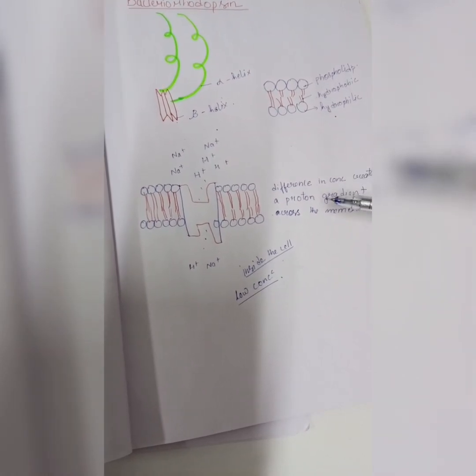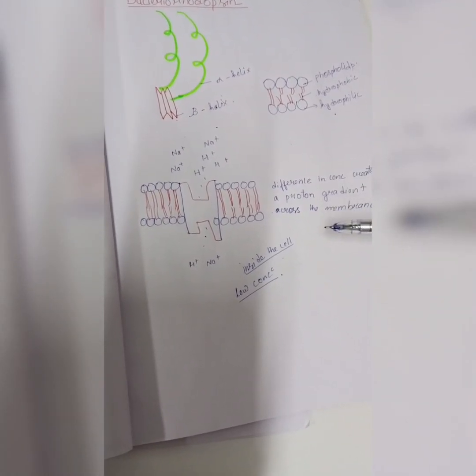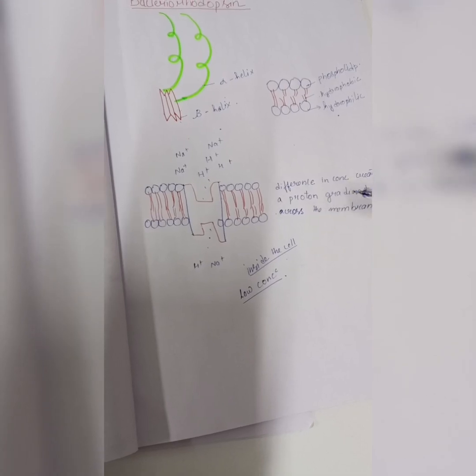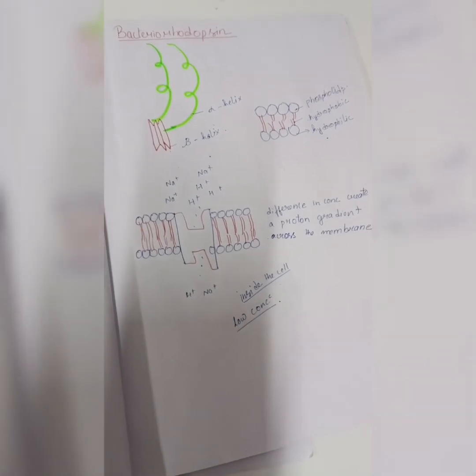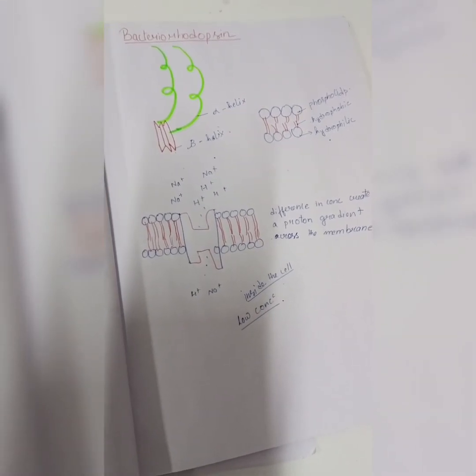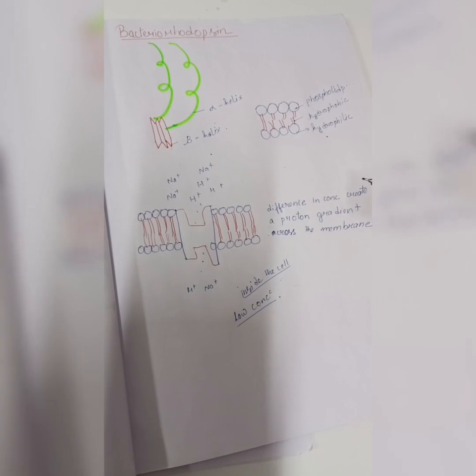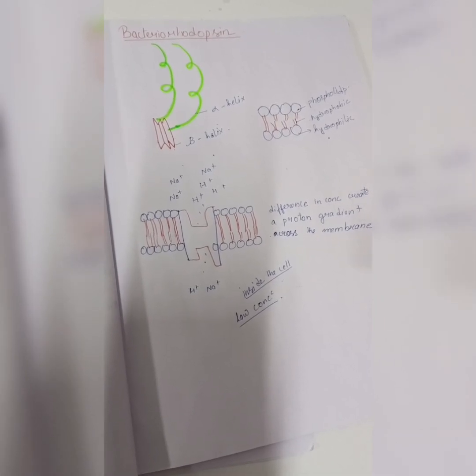This bacteriorhodopsin is able to function because of the conformational change that occurs when sunlight hits it. Then there is a change in its shape, and that makes the bacteriorhodopsin able to pump the proton outside of the cell.